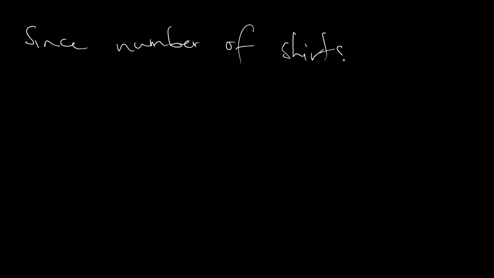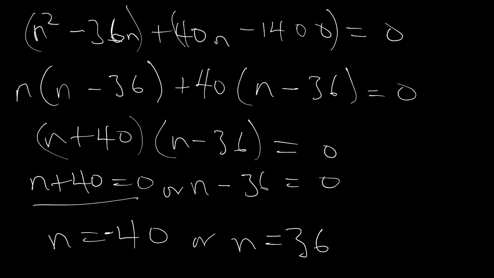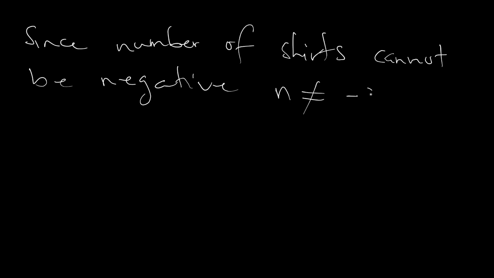So we write that since number of shirts cannot be negative, then N cannot be equal to negative 40. Therefore, N is equal to 36 shirts.